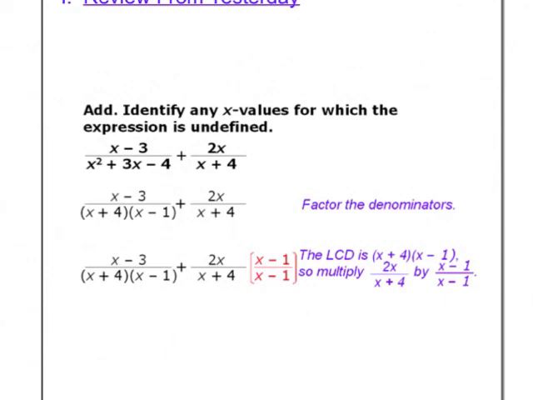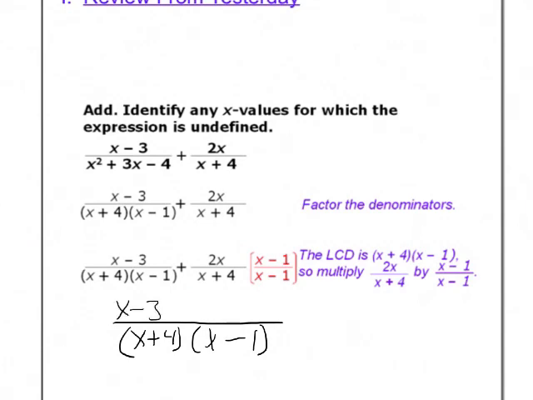So, in doing that, let's go ahead and begin simplifying this sum. Let's find our common denominator, which we already found, and put it all under one common denominator. So I'm going to have an x plus 4 and an x minus 1 down here. On the top, I have x minus 3 plus 2x times the quantity x minus 1.